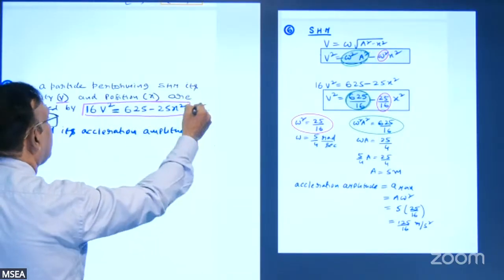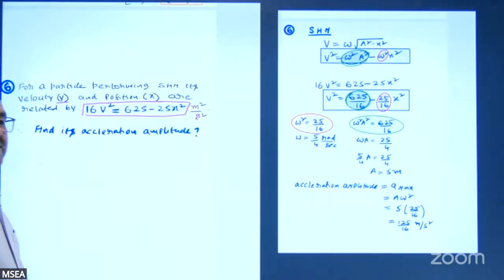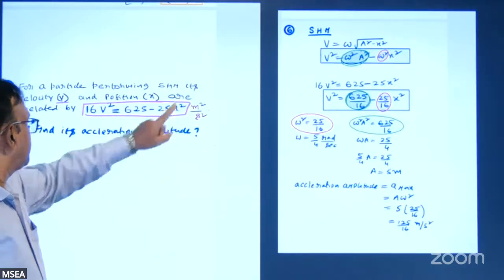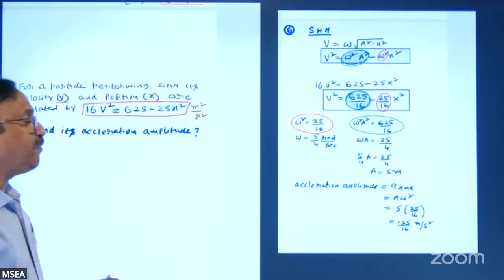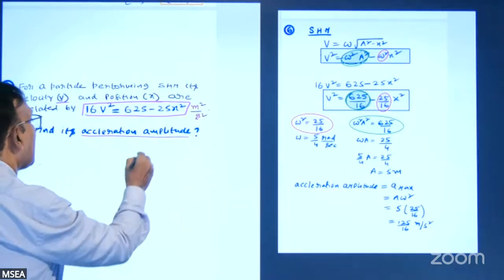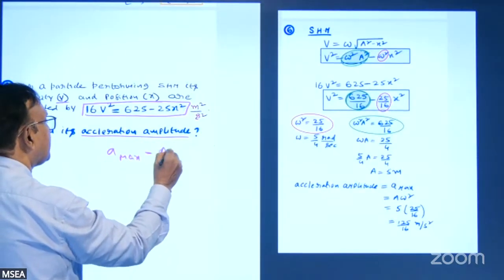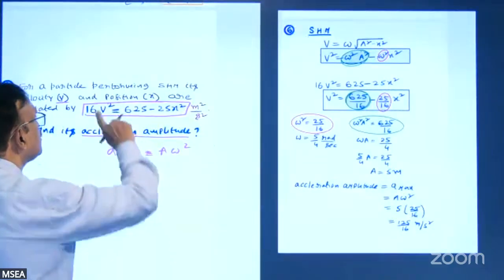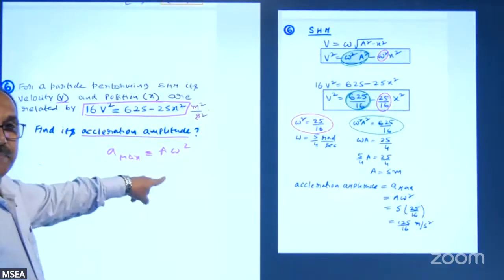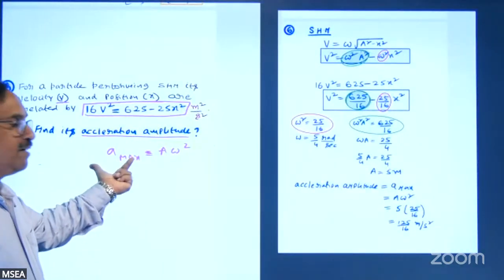Since it is velocity square, the unit happens to be meter square by second square. I want to know what is the acceleration amplitude. Acceleration amplitude means maximum acceleration, which is nothing but A omega square. So from this equation, you have to calculate amplitude and omega, and then calculate maximum acceleration.